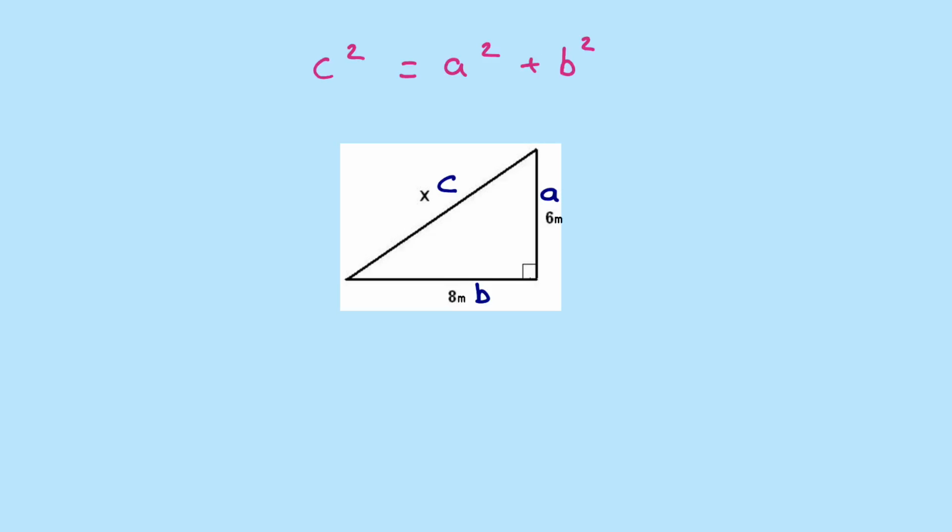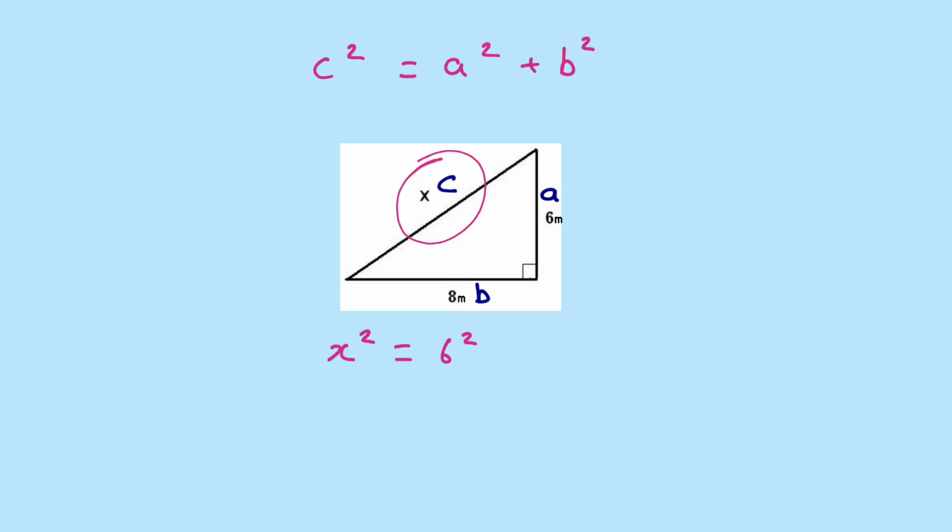And using Pythagoras' theorem formula, I'm going to substitute in my values. So remember, this is the missing side, so we're trying to find C. So C is x. So let's put down x squared, and that equals the other two sides squared added together.